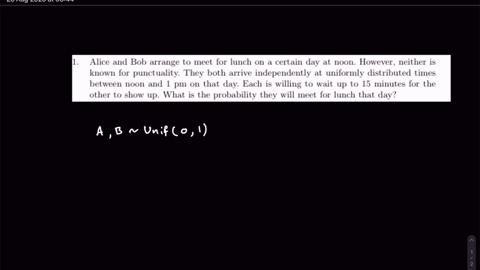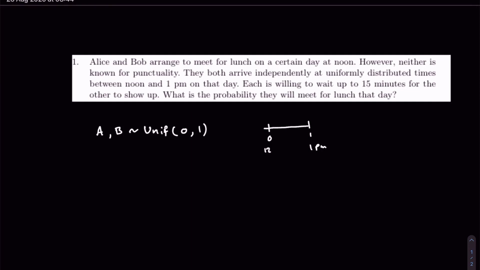So essentially we have a uniform distribution with the x-axis being 0 and 1, where 1 is the end of the support of the uniform, which represents 1 p.m., and here we have 12, noon.